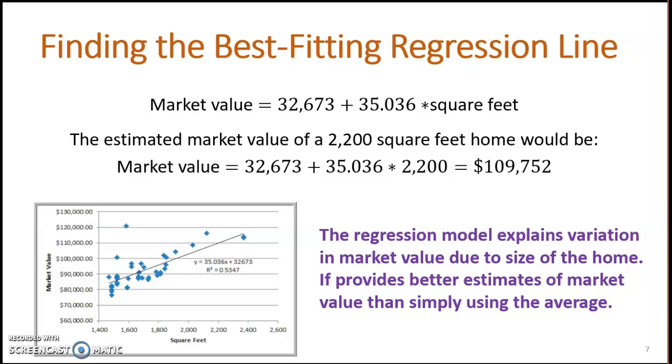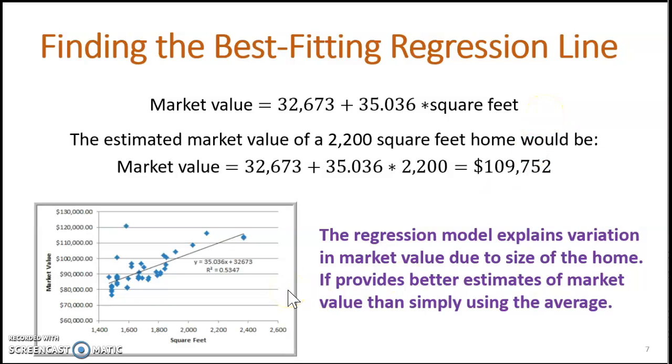We substitute 2,200 into the market value equation, and we estimate that a home with a size of 2,200 square feet is approximately $109,752.